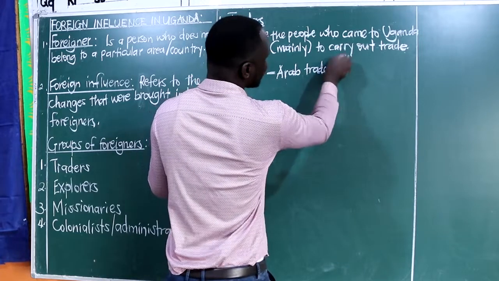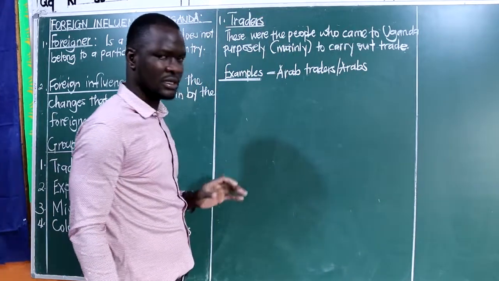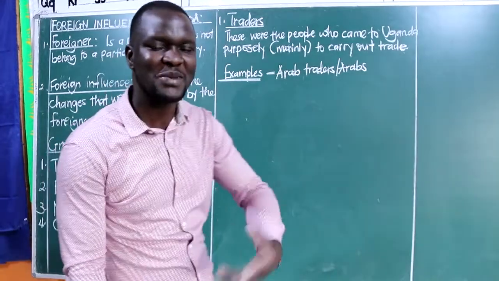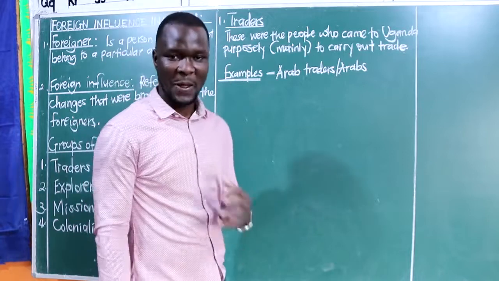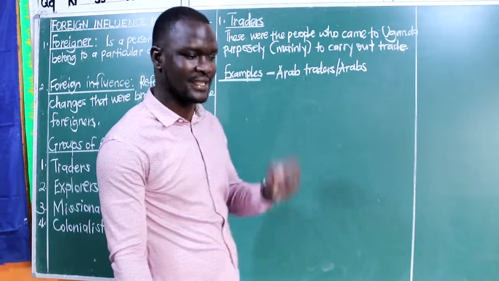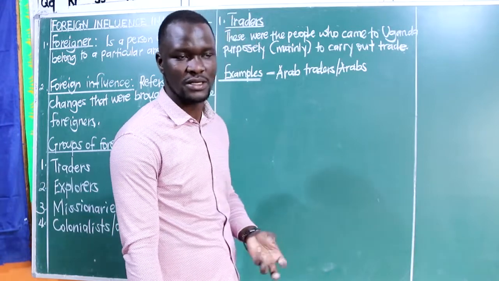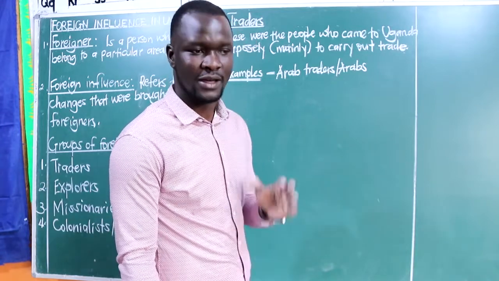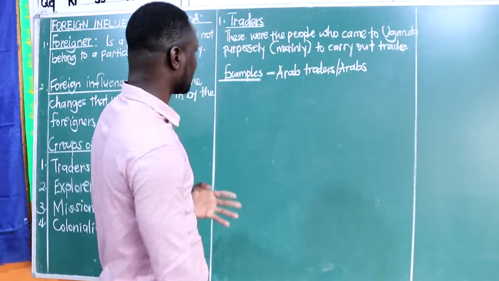These ones, as sometimes we simply call them the Arabs. Simple as that. I want you to be understanding this lesson because this is what you need in the class. And this is what you need to take you through this class, take you through P6, take you through primary 7, where you will write your primary learning examination and you will pass it very well.